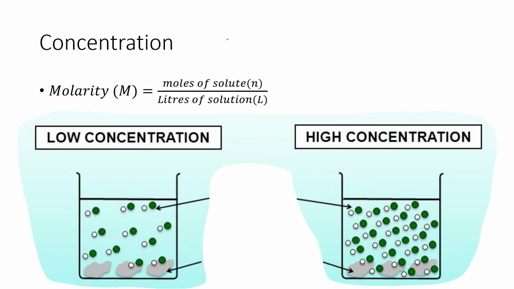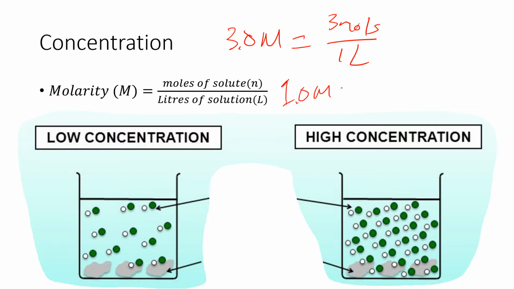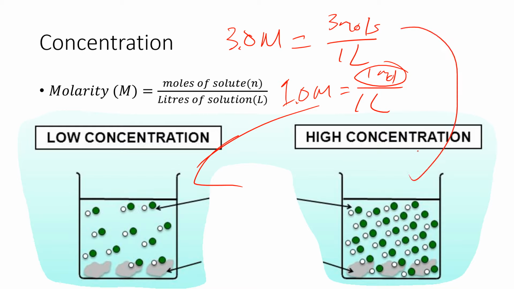For example, 3 molar would be 3 moles divided by 1 liter, whereas 1 molarity would be 1 mole per 1 liter. So if there's only 1 mole per 1 liter, there's less stuff inside. Whereas if you have 3 moles per 1 liter, there's more stuff. It's more concentrated, right? It's like more concentrated apple juice.